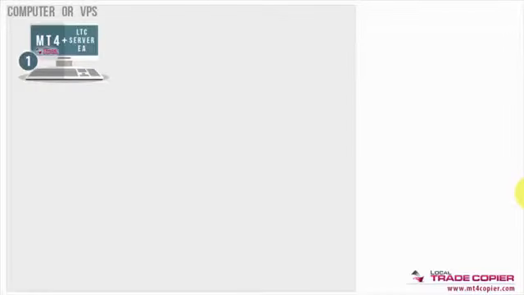So, let's say you have a computer and you get your MetaTrader account. You install Local Trade Copier, what's called server EA. It's the first component of the software that needs to be installed on all the MetaTrader accounts you want to act as a master.